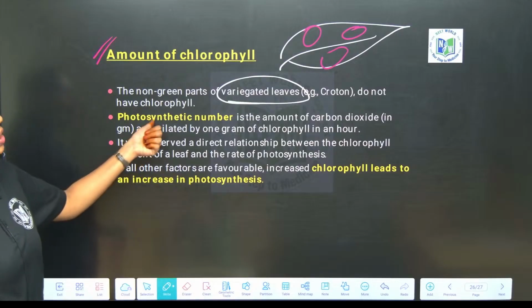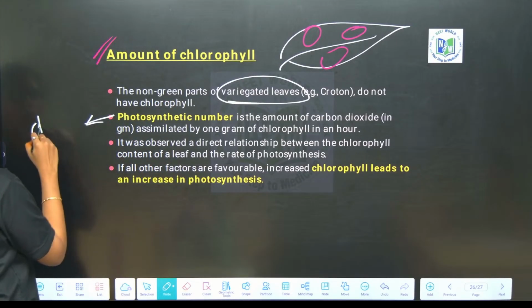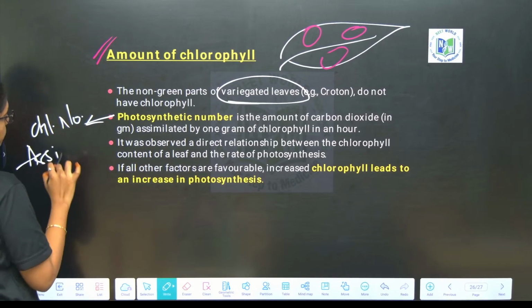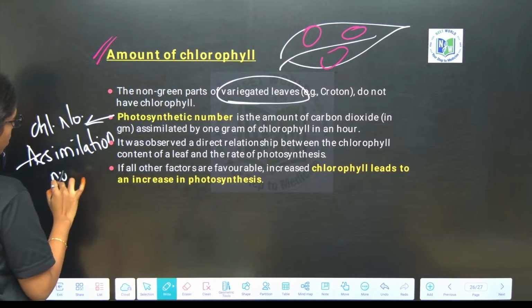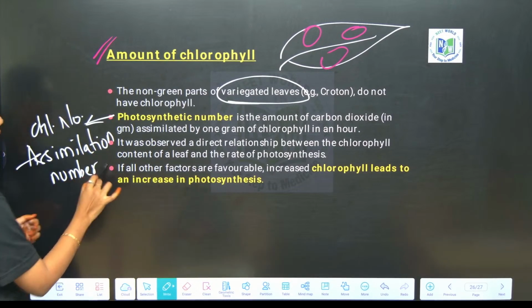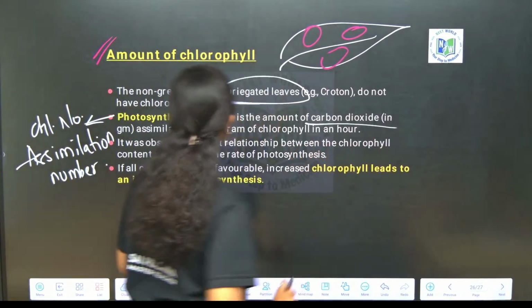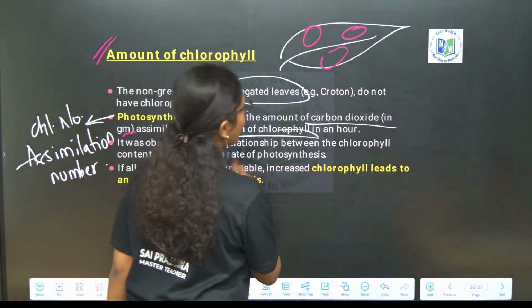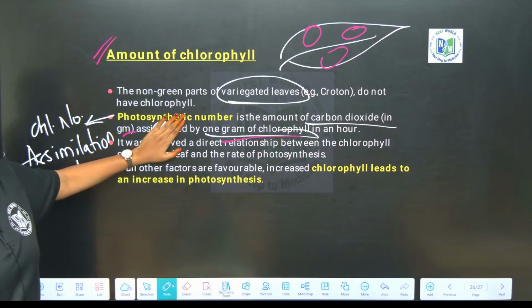Understood? Photosynthetic number is nothing but assimilation number, chlorophyll number or assimilation number or photosynthetic number is one and the same. This photosynthetic number is the amount of carbon dioxide in grams which is assimilated by 1 gram of chlorophyll in 1 hour. Just remember what is photosynthetic number.